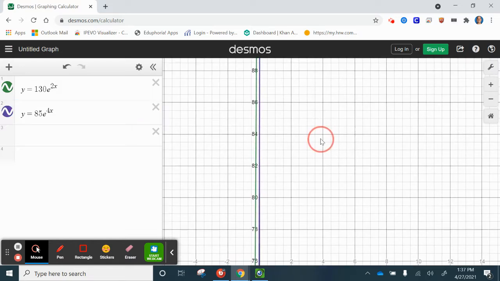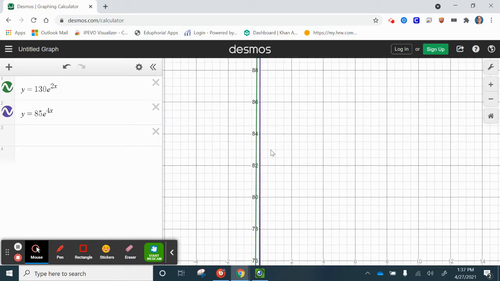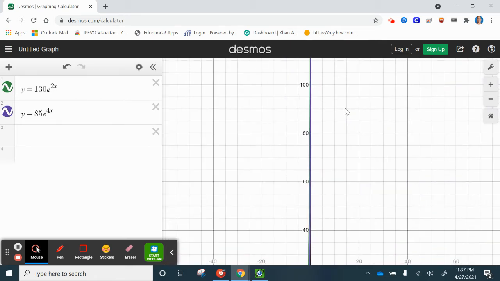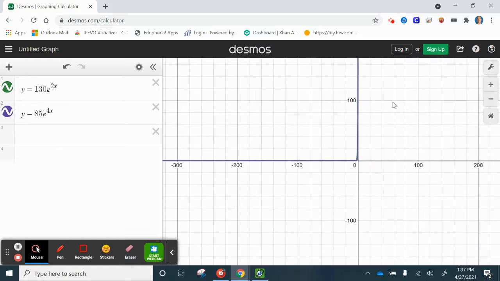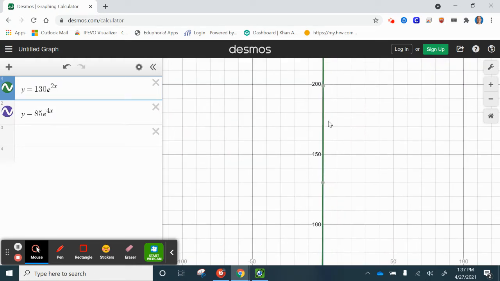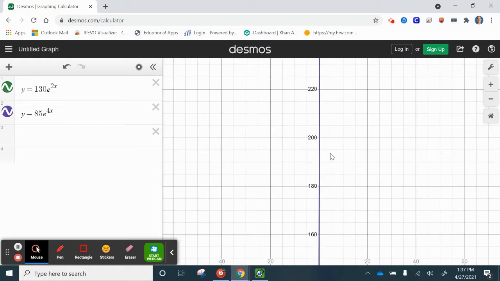Okay, so that's actually not the point, because that's the y-intercept. You want to find out when they intersect. In this case, we might need to zoom out quite a bit. Again, when you see the 0, that's the y-intercept, but here, that point, you want to zoom in on.